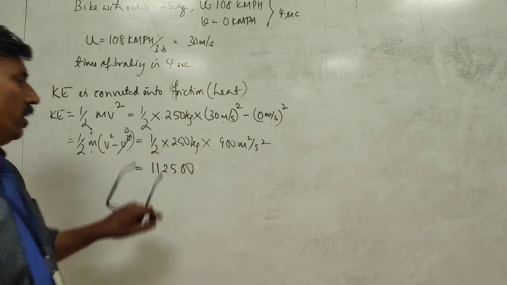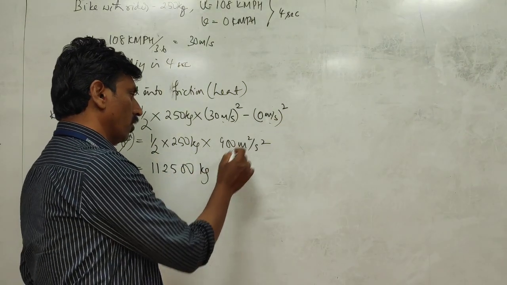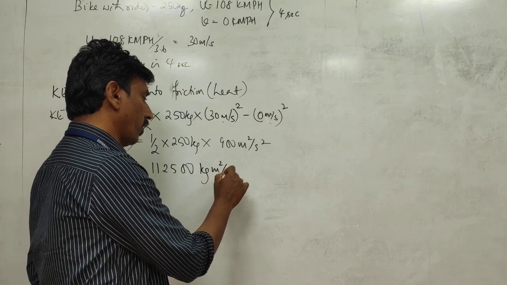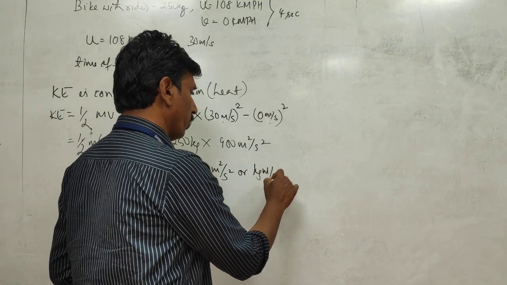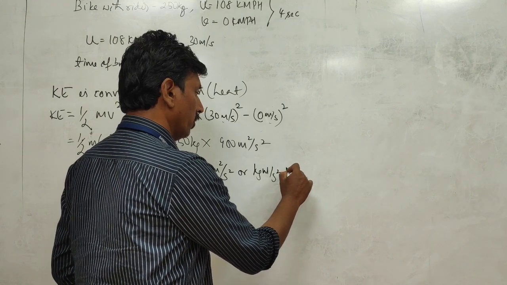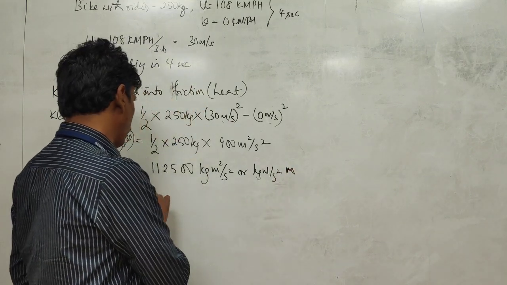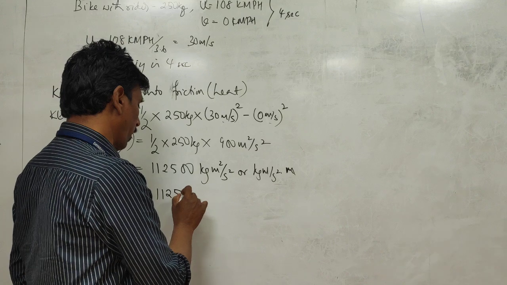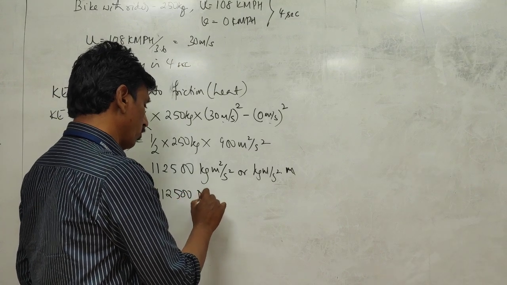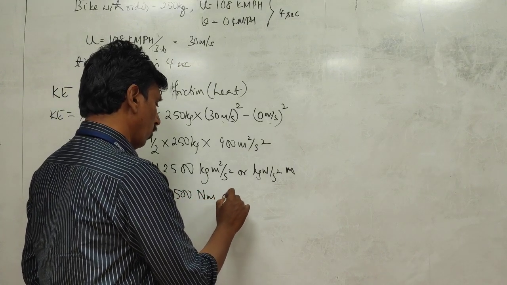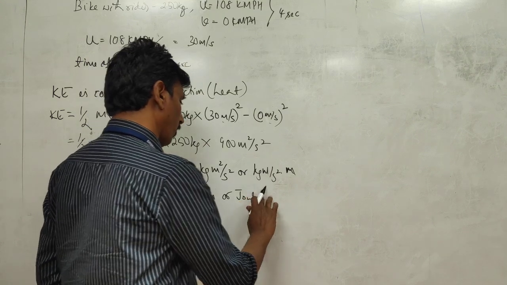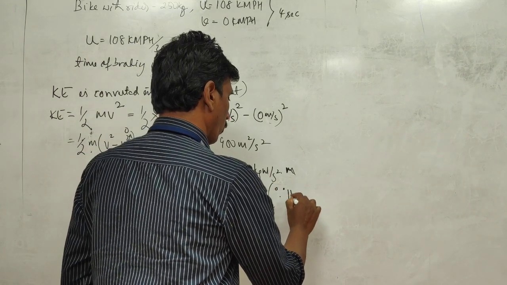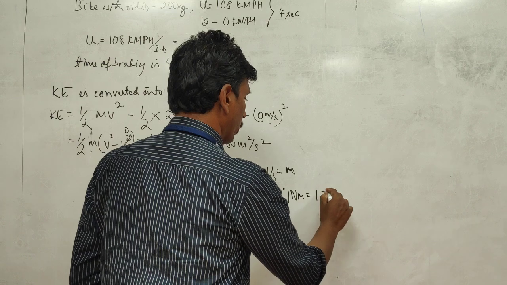So here you got kg meter square per second square, which can be written as kg meter per second square into meter, that is Newton meter or joule, since 1 Newton meter is equal to 1 joule.